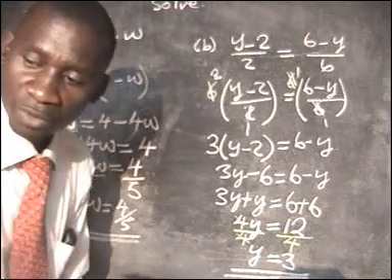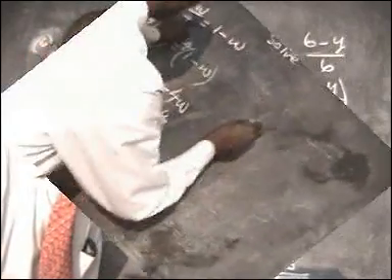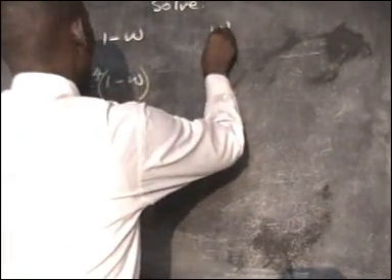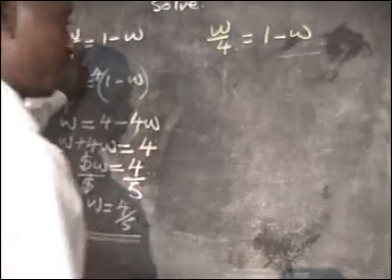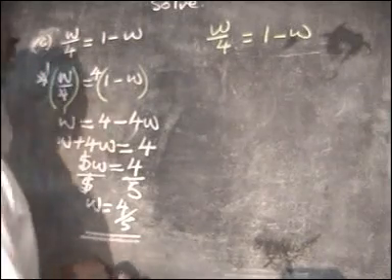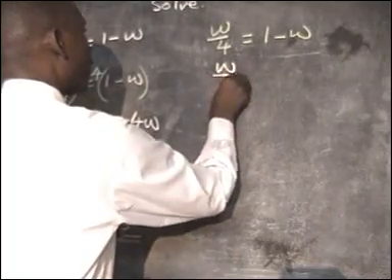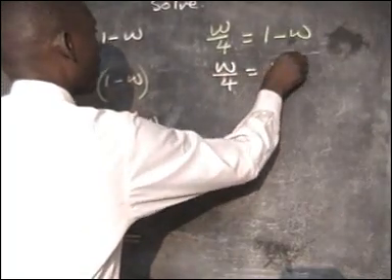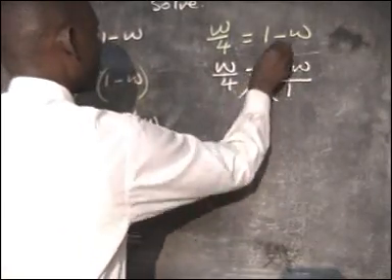So allow me to work it out using this: W over 4 equals 1 minus W. In the first place I adopted cross multiply. I copied the question, W over 4 equals 1 minus W. Then I said over 1 this side and cross multiply like that.